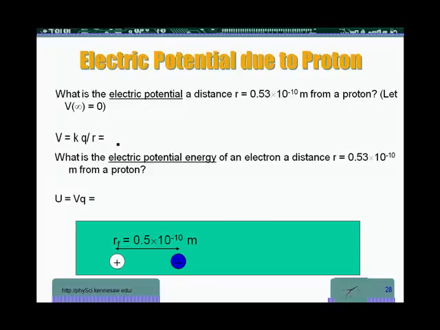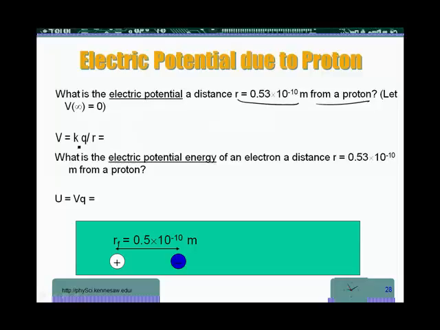Now, this question is asking us about the electrical potential at a distance d, which is 0.53 times 10 to the minus 10 meters, from a proton. Again, the electrical potential at infinity is 0.